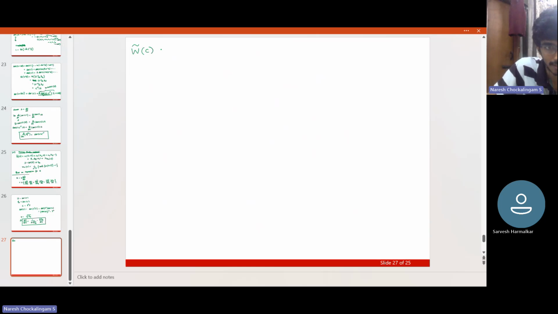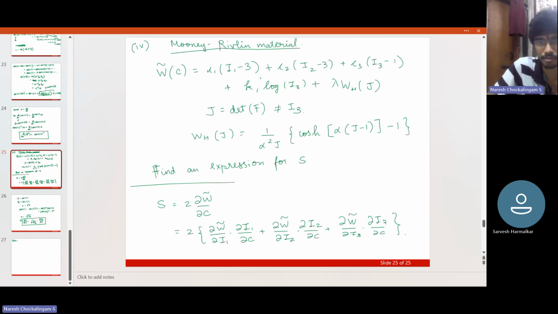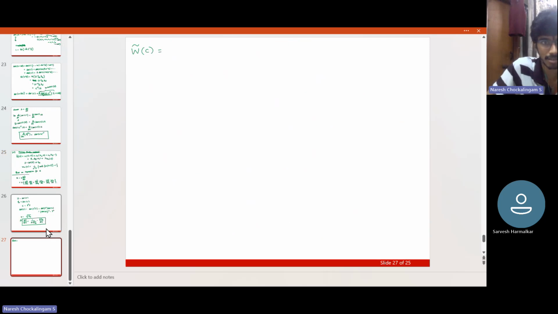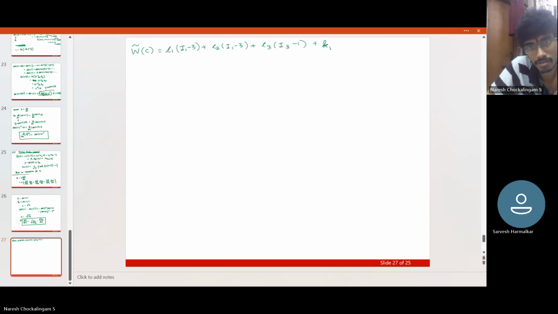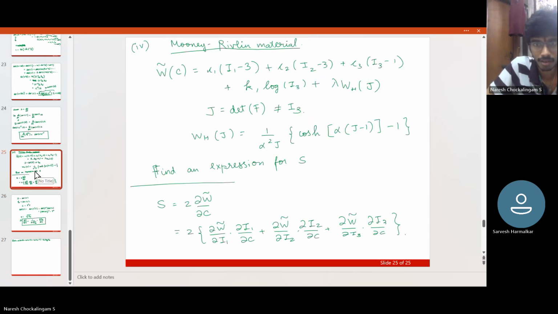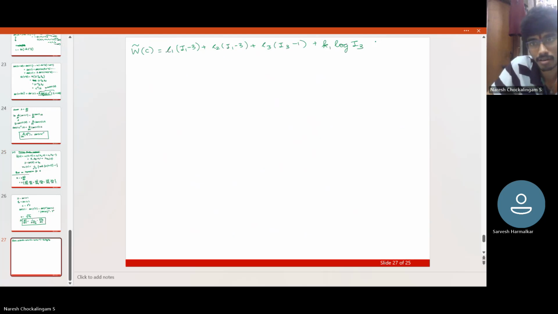W of C is nothing but the first four terms as they are: C1 (I1 minus 3) plus C2 (I2 minus 3) plus C3 (I3 minus 1) plus K1 log I3, plus lambda WH of root I3.